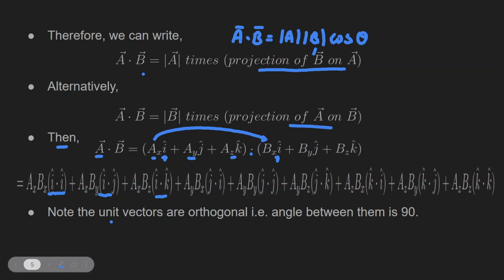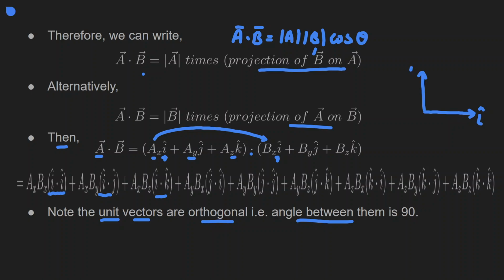Now we have to note that unit vectors are orthogonal, that is, the angle between them is 90. Just to give you a flavor, this is the i vector, i cap, which is along the x-axis. This is j cap, and the third one is this k cap.